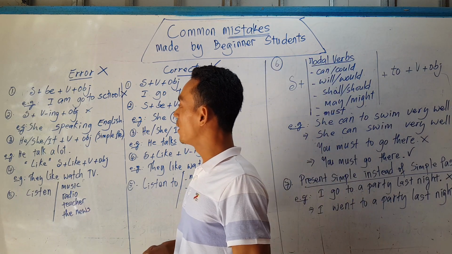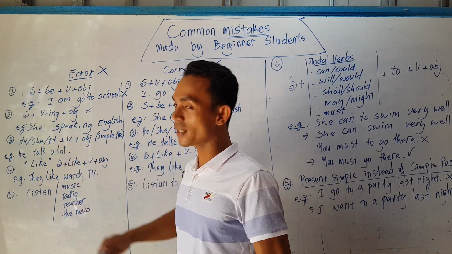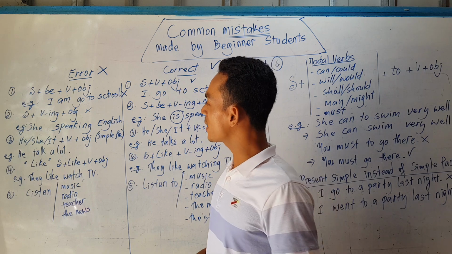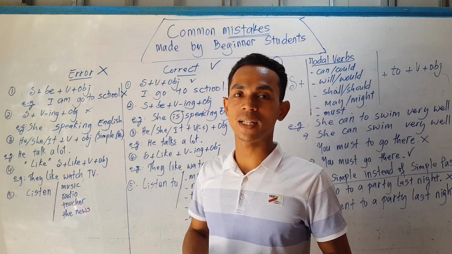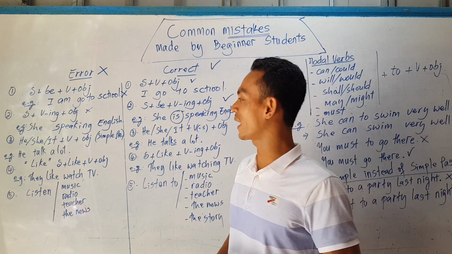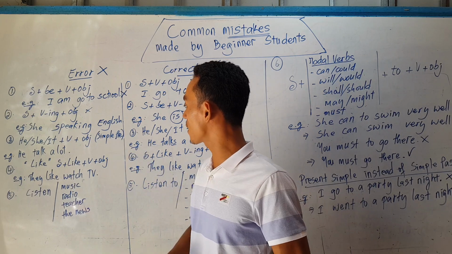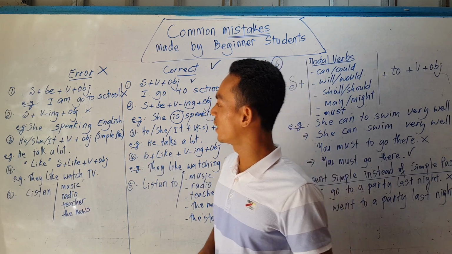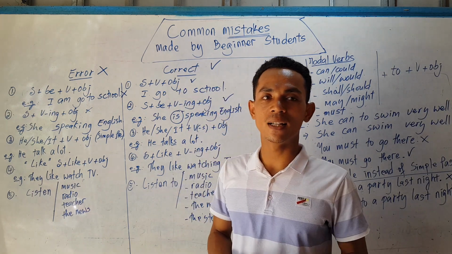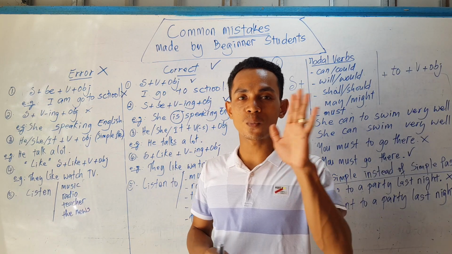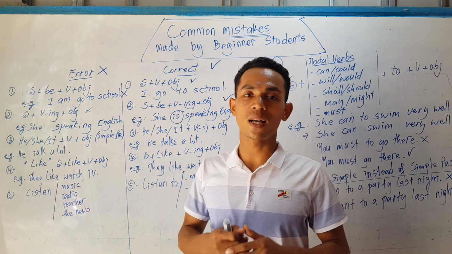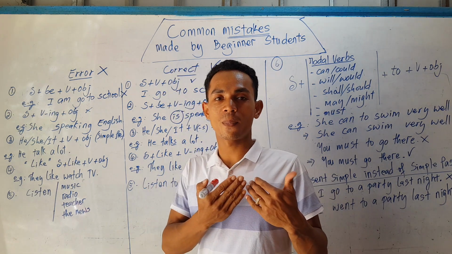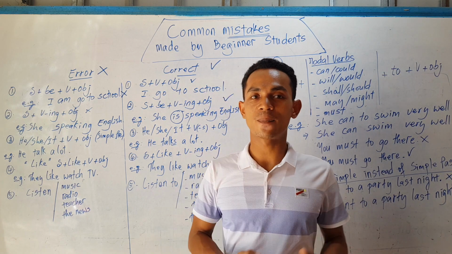And the third one is he, she, it as the subject plus verb plus object. This is a common mistake made by students, usually in the present simple. We know that we use I, you, we, they plus verb, and he, she, it plus verb with s or es, or change y to ies.